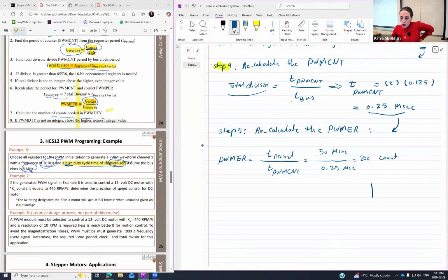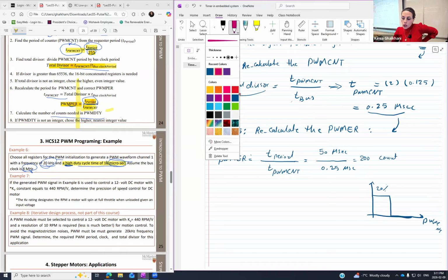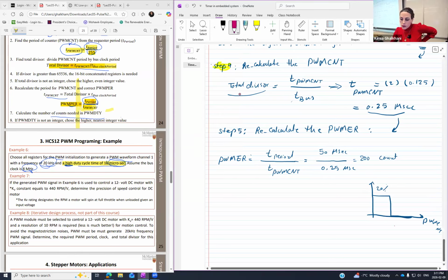For example, if I draw it right in here to not go back, if this is my PWMC and T, then if this is the duty cycle, meaning I have 20% on, and I'm right in here, then I'm gonna have 20 counts from here to here.